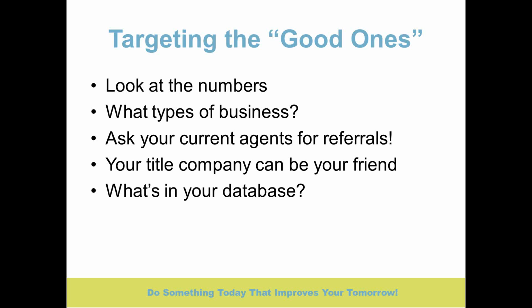If they're ever part of a closing that blows up, and we know the agents that are involved, that would be a great time to get in front of those people saying, hey, I'd like an opportunity to speak with you about possibly doing business together. Clearly, you don't tell them that the title company agent gave you their name and number, and that they just had a deal blow up with ABC Bank, because that's not what you're going to do, and it's probably the last time you'd ever get any information from that title company.